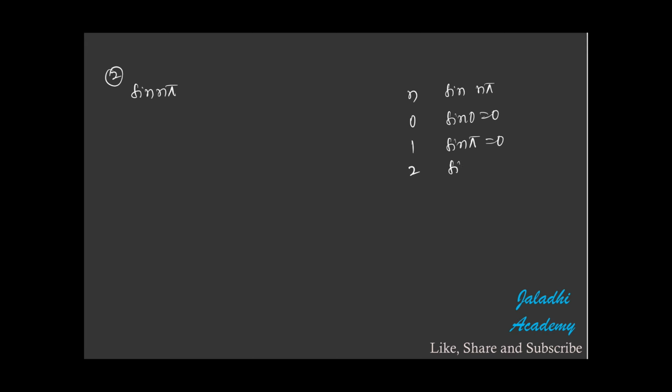For n equal to 2, sin n pi becomes sin 2 pi, and again its value is 0. So it goes on as we take the value of n as an integer. So we can write sin n pi is equal to 0 for all values of n belonging to the integers Z.